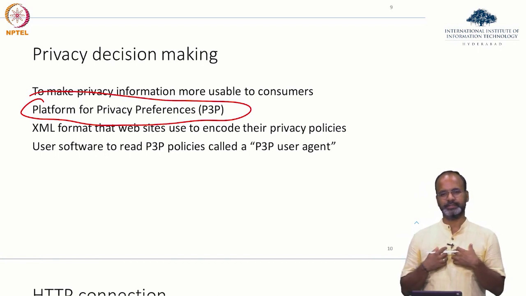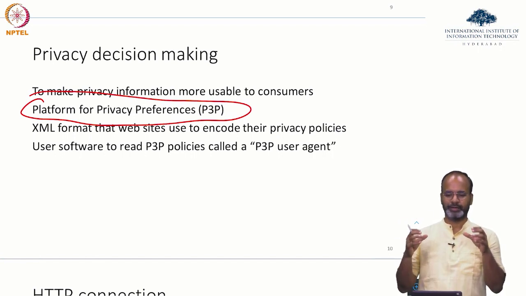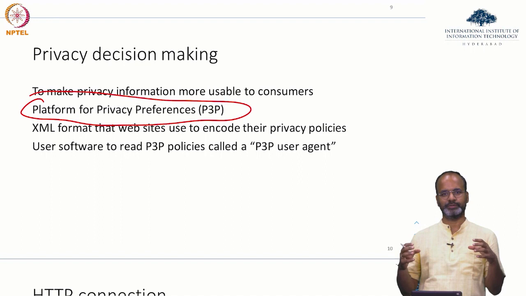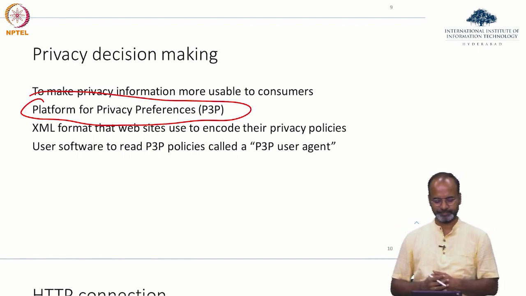User privacy expressed in this P3P format, company's privacy expressed in this P3P format. A machine can understand both of these now because they are expressed in a machine readable XML format, and a decision can be made whether this website is something I need to go to or not, should I be allowed or not allowed.